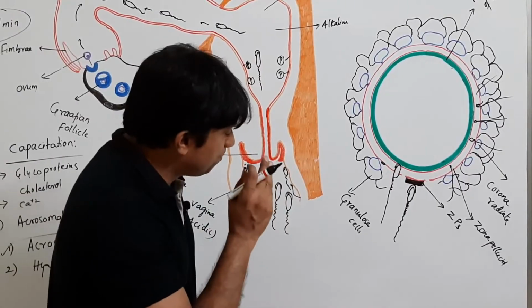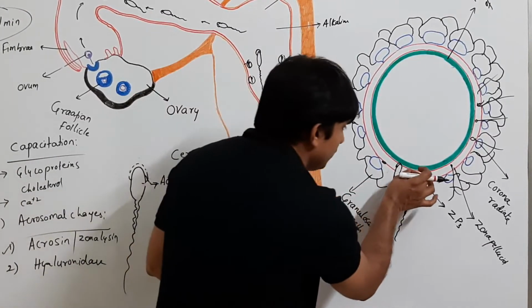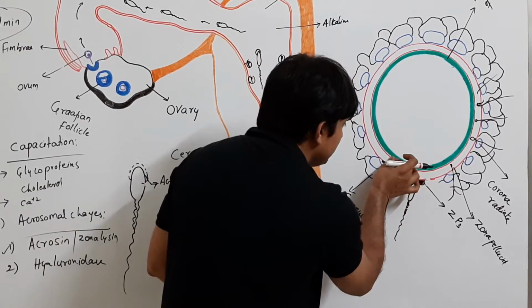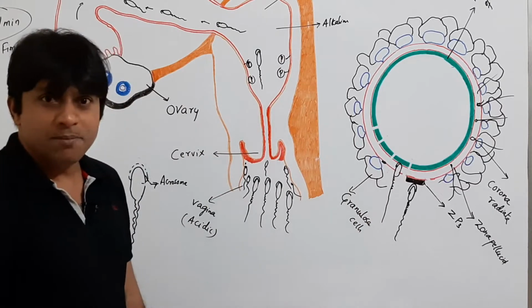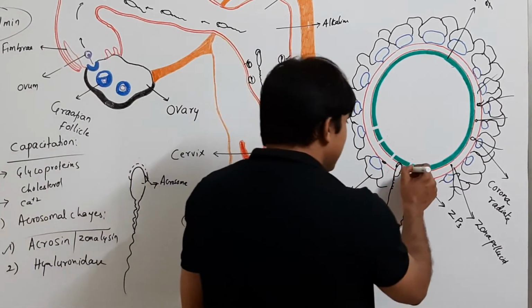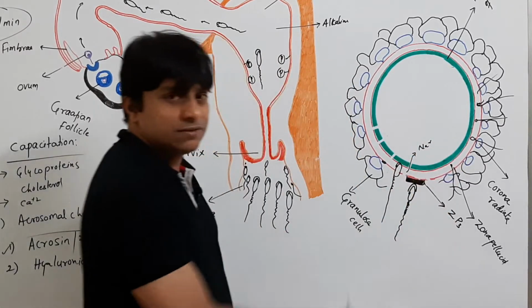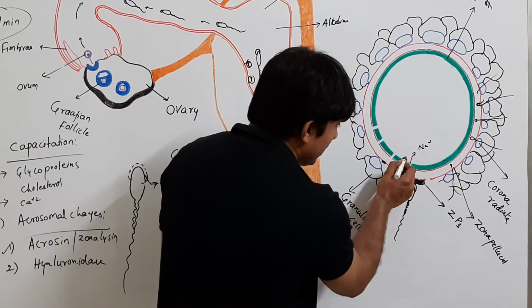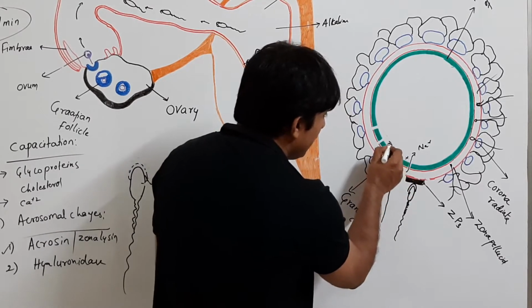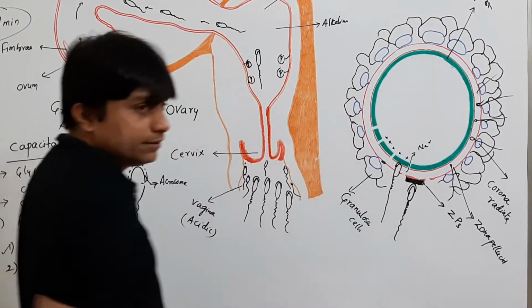When it does, sodium channels open in the ovum membrane, and there is an influx of sodium. Due to this influx, the inside of the membrane of the ovum becomes positively charged.